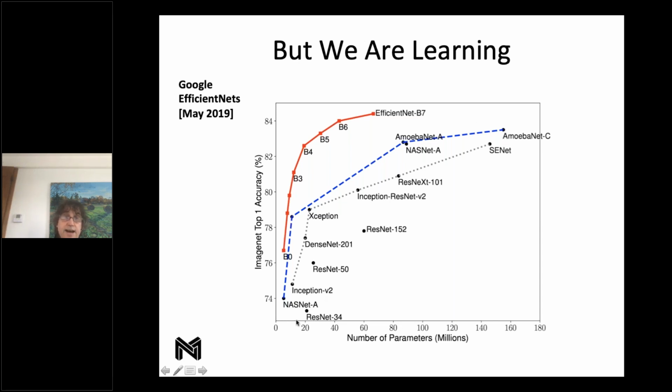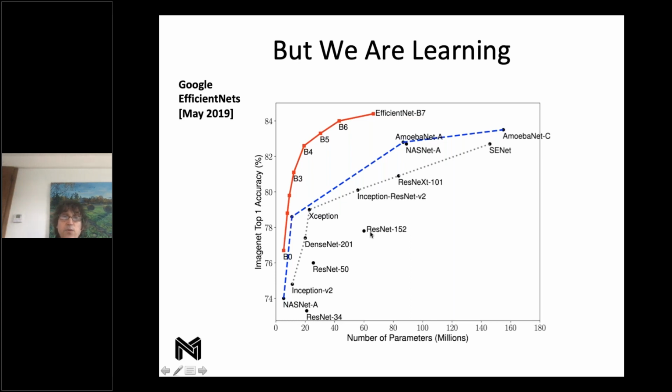And I am looking at the accuracy I get as I grow the size of the network. Of course, AmoebaNet is much better than ResNet 50, for example. But here in red are the EfficientNets, from EfficientNet B0 through B3, B4, up to EfficientNet B7.